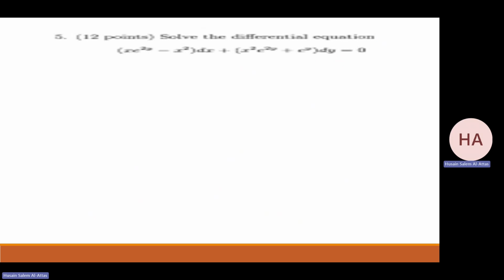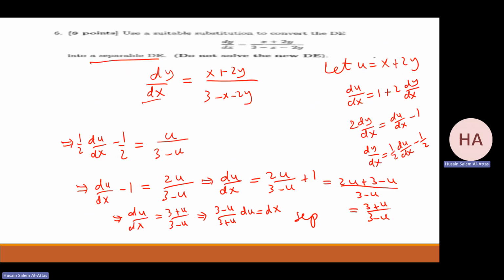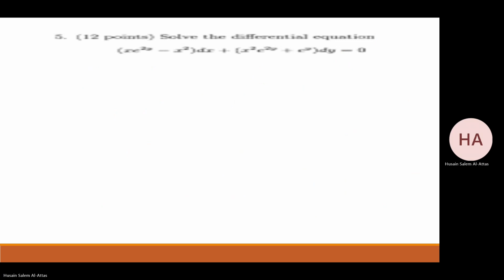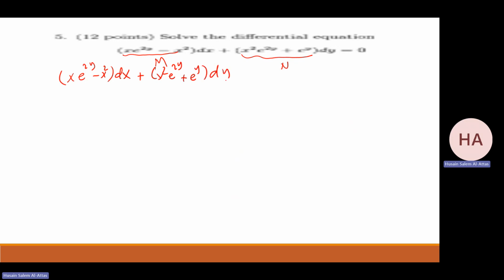Solve this differential equation. Yeah, is it the same one as this one? Yeah, plus or minus. So it seems to me it's exact. So check. This is M. This is N. Let me rewrite it. (x e^y minus x squared) dx plus (x squared e^y plus e^y) dy equals 0.